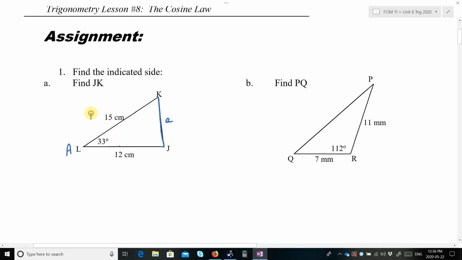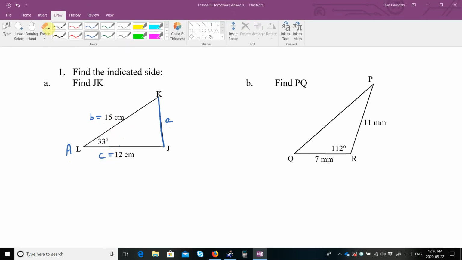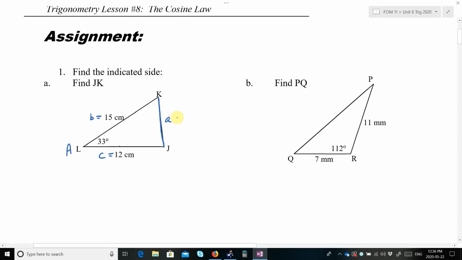It doesn't matter how you label B and C once you've established where angle A and little a are. We want to figure out what little a is because that is side JK.